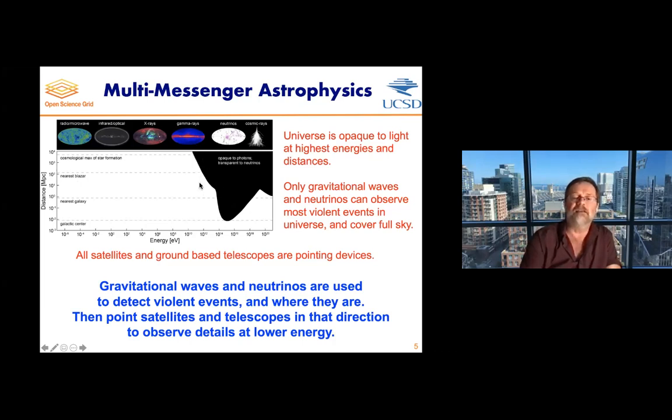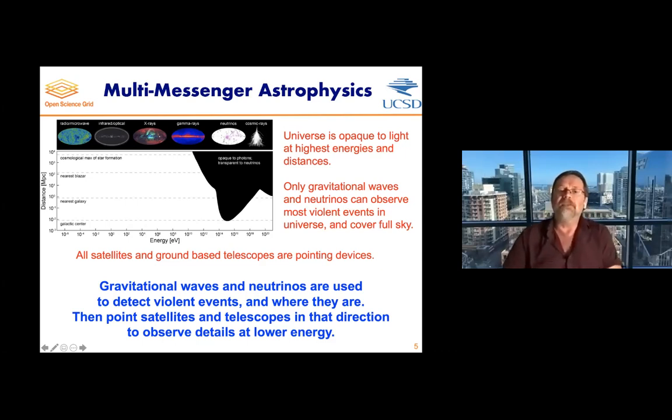So in essence, in this area, the universe is completely opaque to light, and the only messengers, as we call them, basically the only kind of information that still reaches us for energies in this range and distances in this range, are either gravitational waves or neutrinos.